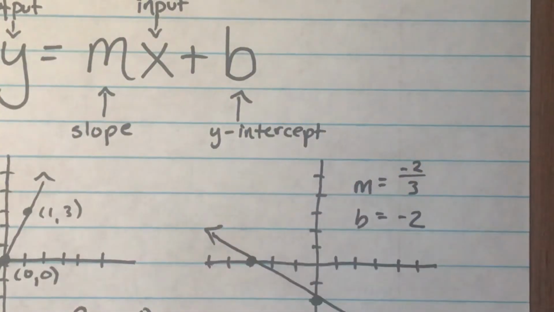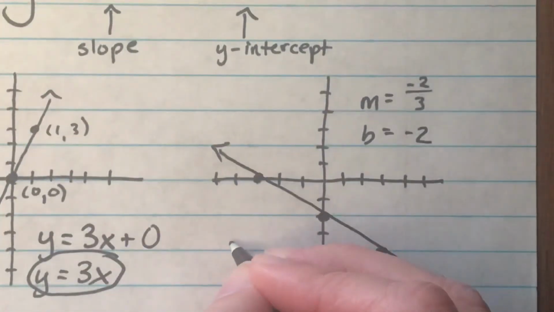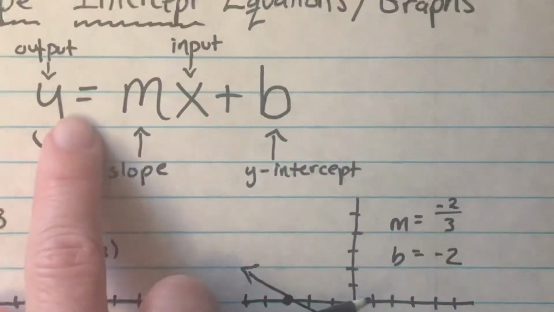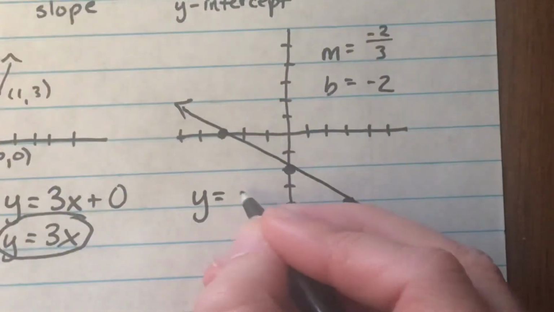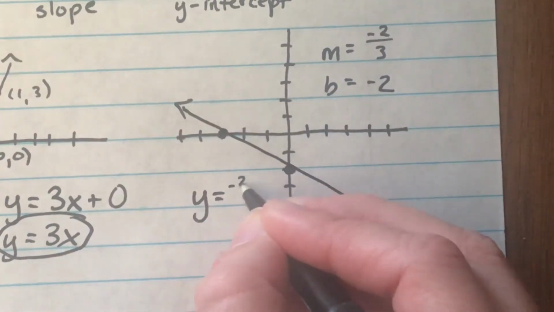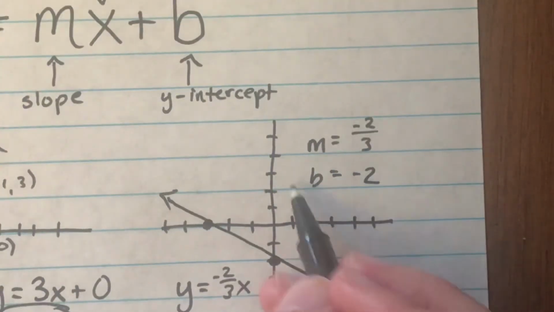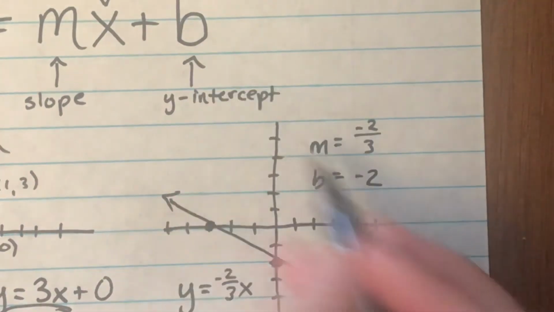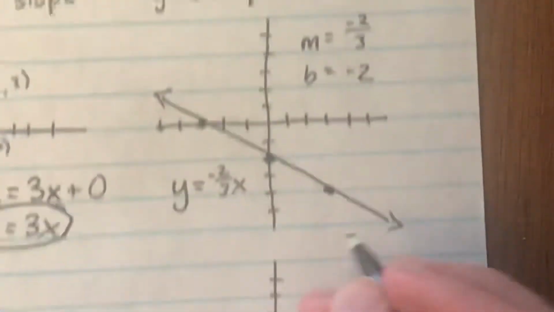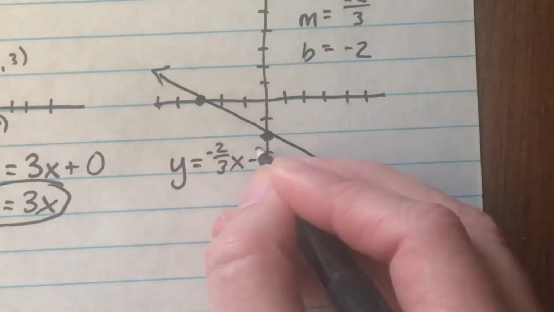So the equation here, and I'll write it down here, is going to be y is equal to, always y is equal to, the slope, which is -2 over 3x, and then our b value here is -2. Well, it's always plus the b value, so we could write plus -2, but that's actually the same thing as minus 2.